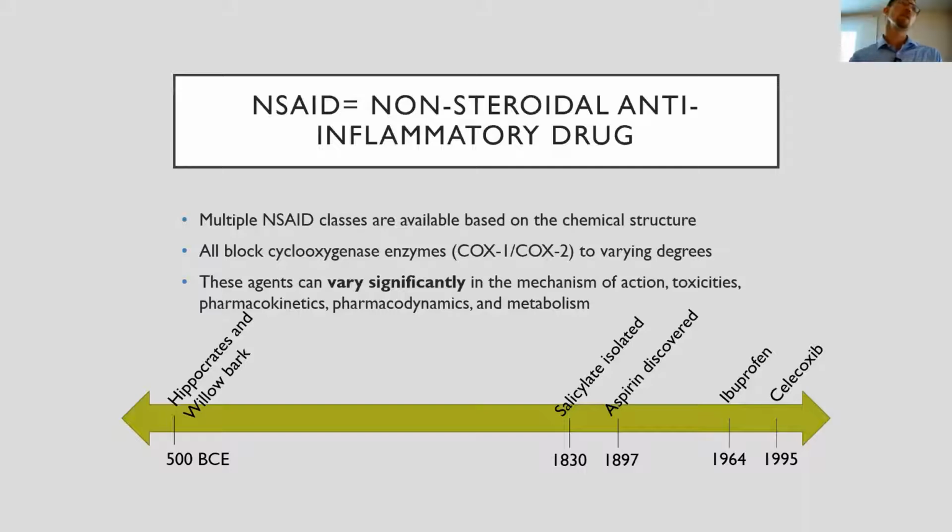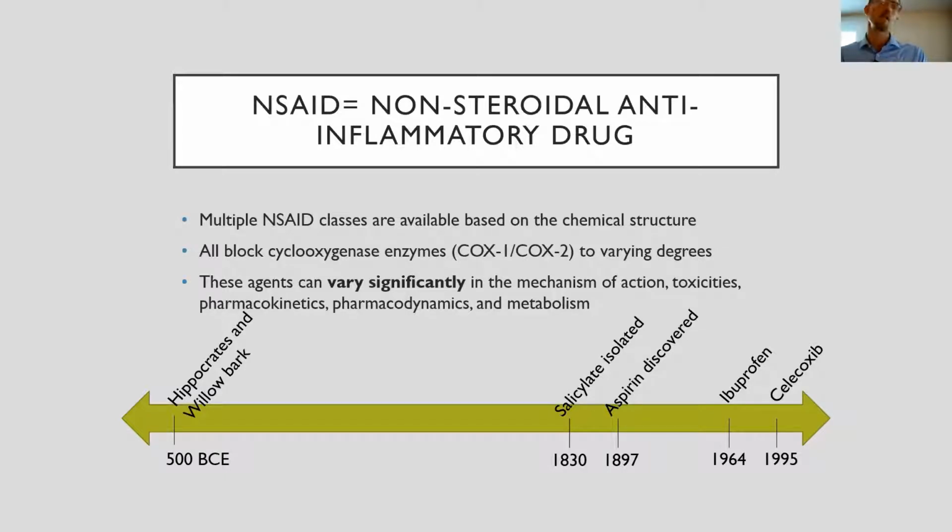So what are NSAIDs and where do they come from, and how long have they been around? This is a slide that I put together, a little timeline for you. Interestingly, Hippocrates wrote about the effects of willow bark as early as 500 BC. So they've been on the radar for a long time.